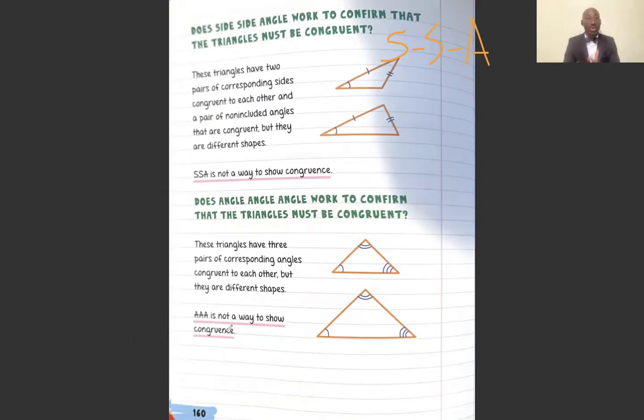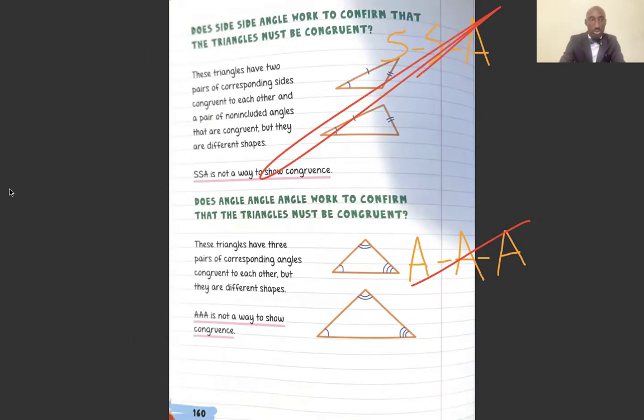So angle, angle, angle, and side, side, angle are not necessarily ways to show congruence and should not be relied on. These do not work.